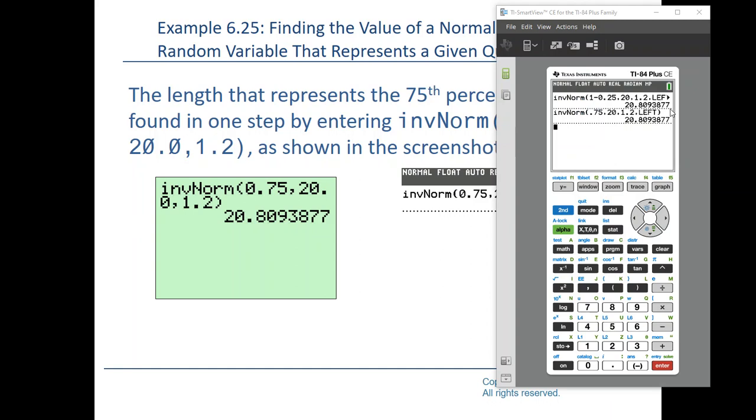And they end up being the exact same. Disregard, I had a typo on the second thing there. But they end up being the exact same answer whichever way you go, whether you do the 0.75 or the 1 minus 0.25.